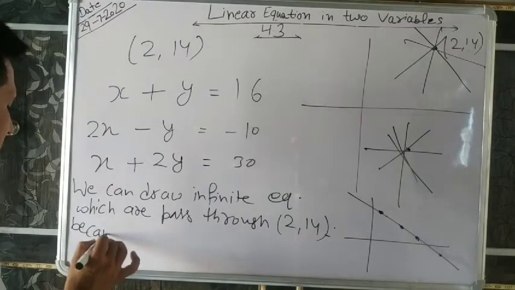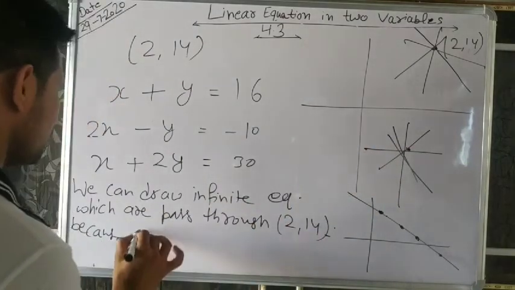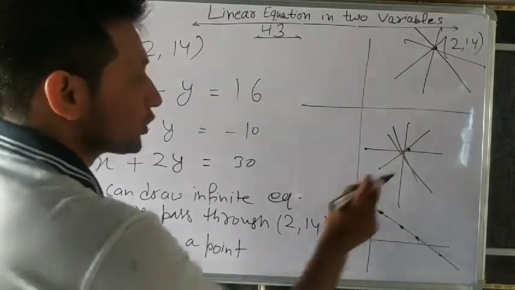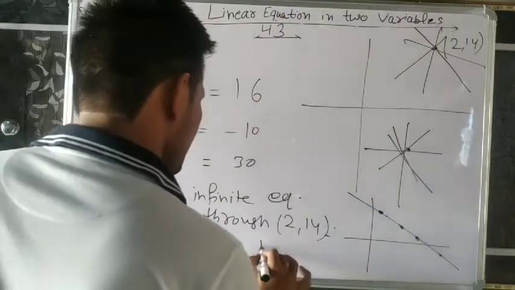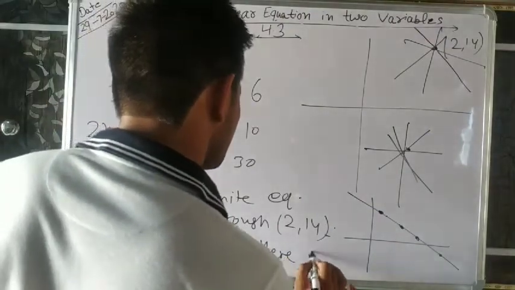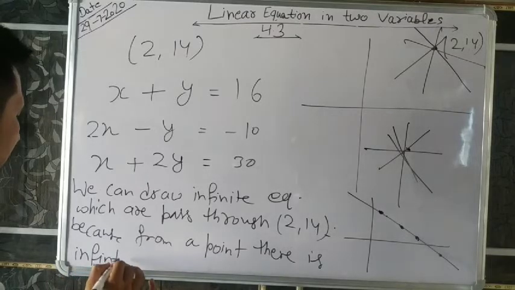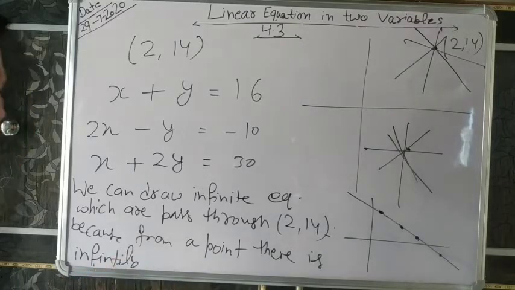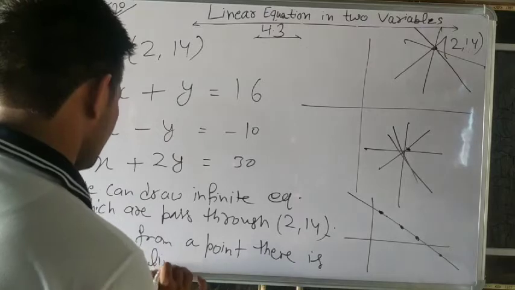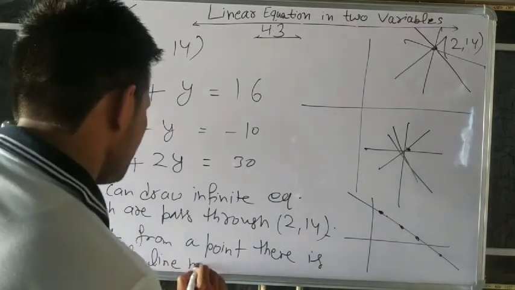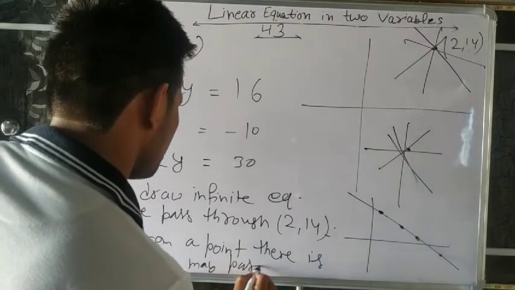Because from a point there are infinite lines that may pass through.